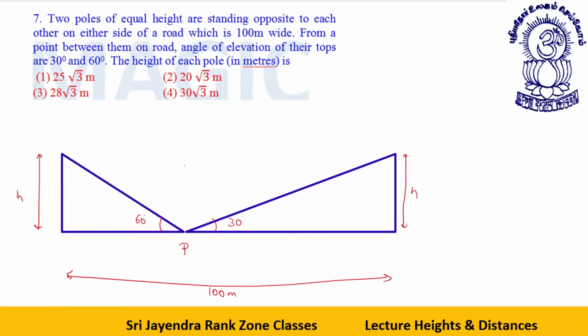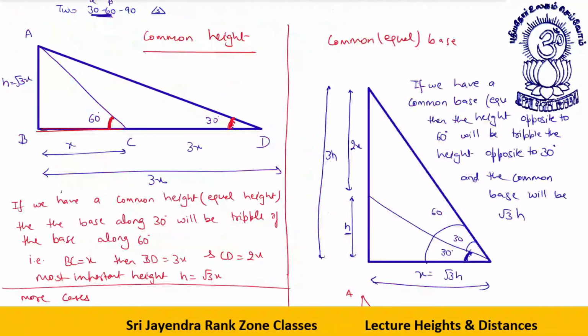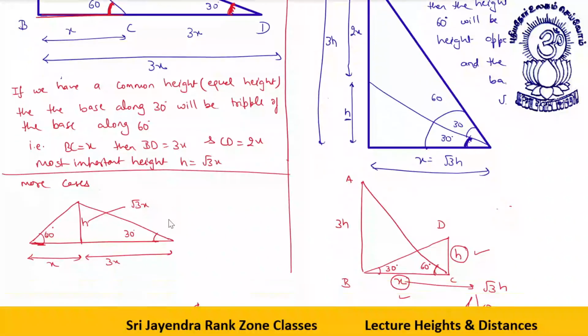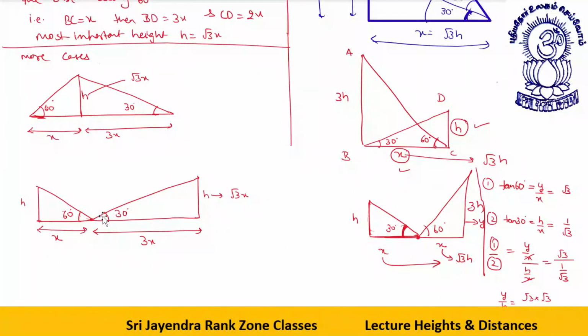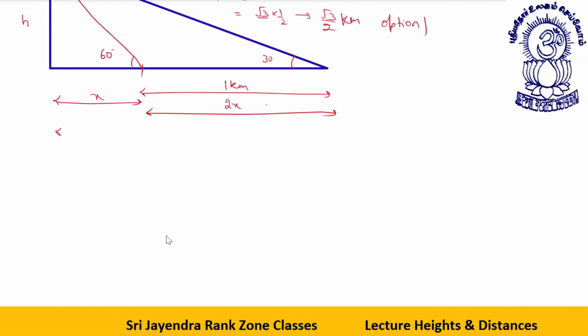Now my dear students, from the basics which I taught you, I showed you a figure like this: 30, 60, this is x, this is 3x. So what will happen now?